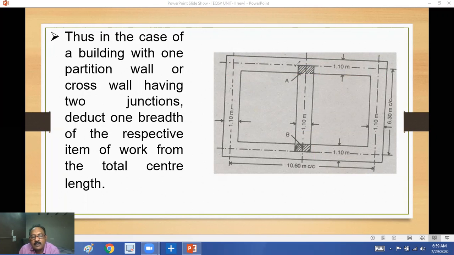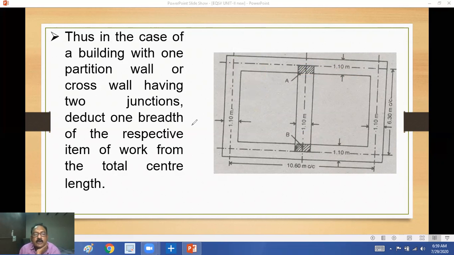one width of the respective item of work from the total length. As it is only one partition wall here, suppose there is one more partition wall, then it becomes 6 junctions, right? In this figure, you have 2 junctions.